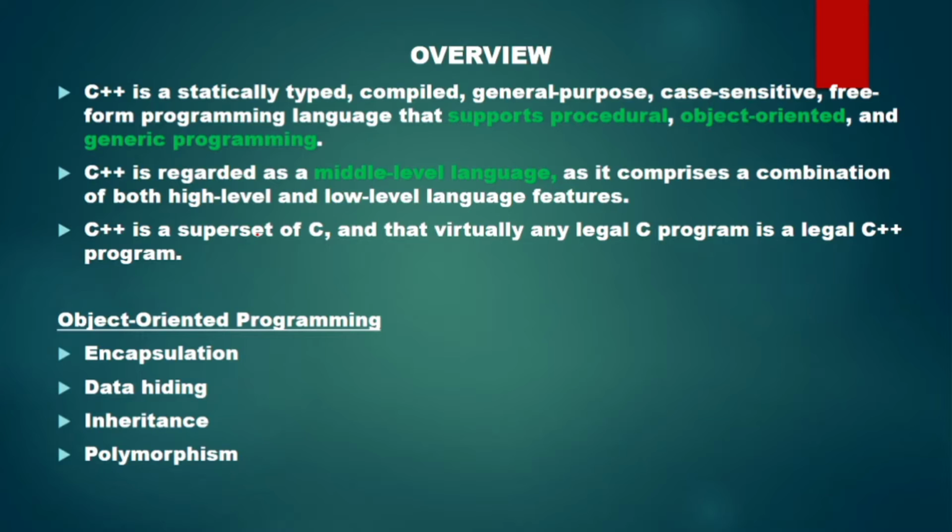C++ is a superset of C, and virtually any legal C program is a legal C++ program. In C++, we have object-oriented programming. C++ fully supports object-oriented programming, including the four pillars of object-oriented development: encapsulation, data hiding, inheritance, and polymorphism.